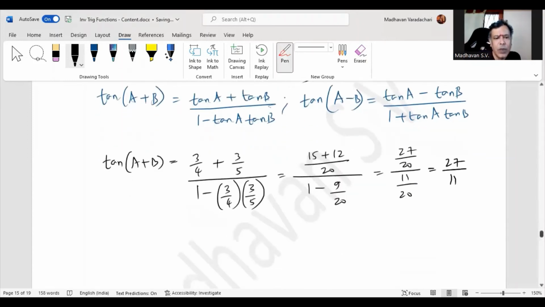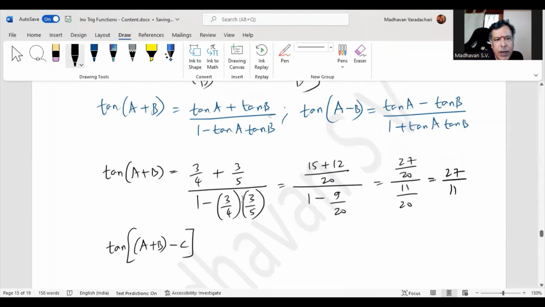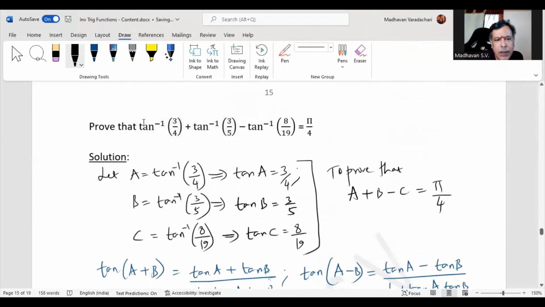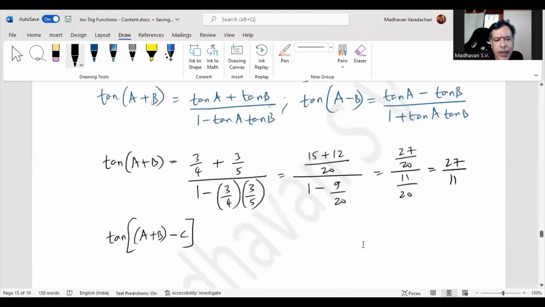Now we will create tan of A plus B minus C. Already we have done this A plus B, so that is why we are writing it together.